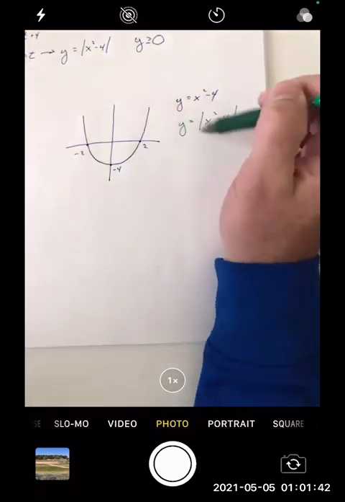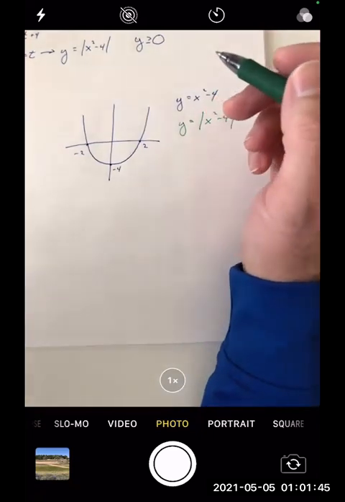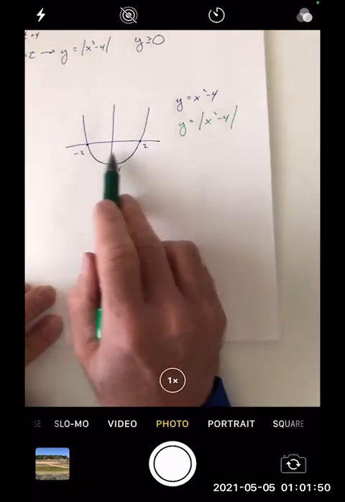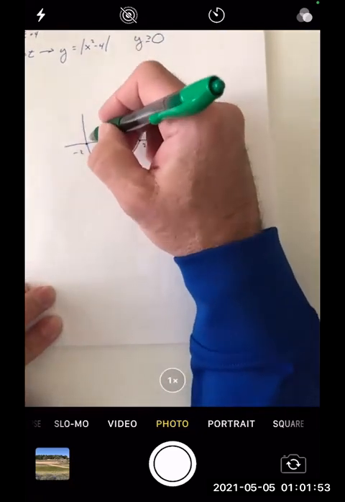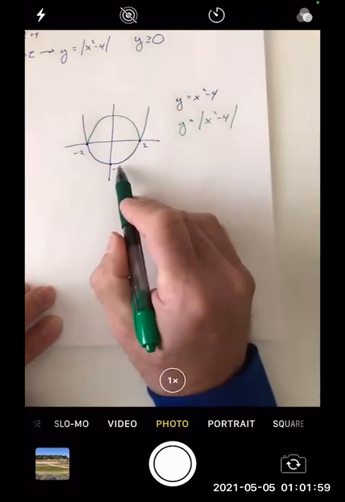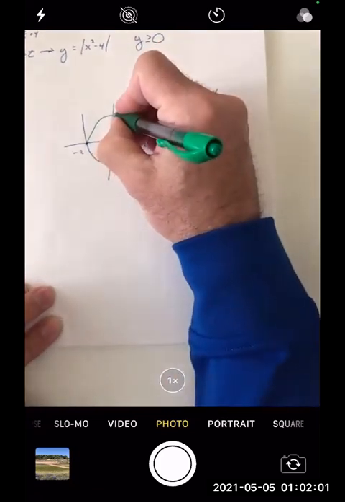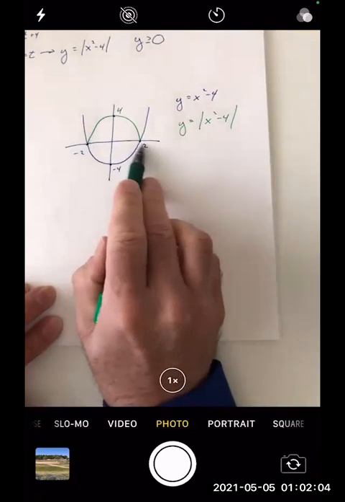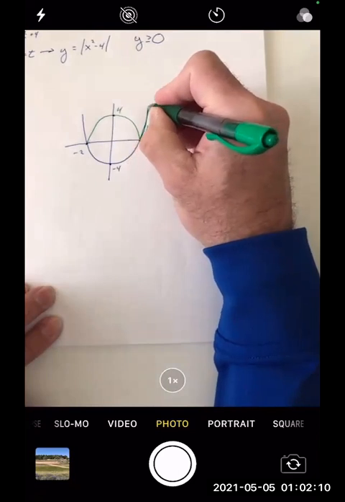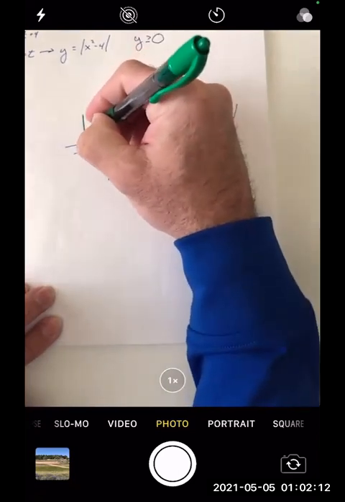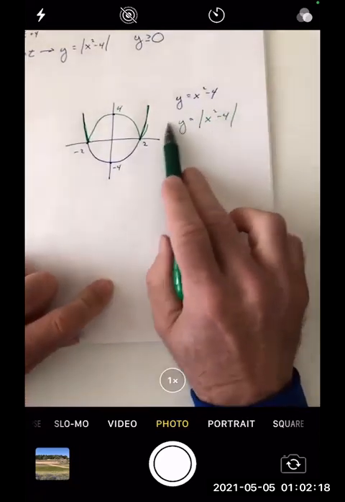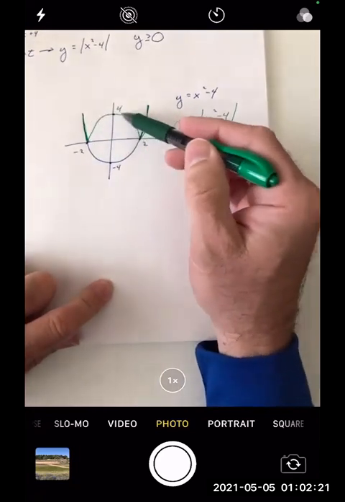It flips them because absolute value makes them positive. So any negative y value, the stuff that's down here, now gets flipped. Instead of having it down here at -4, it's up at +4. Your intercepts are the same, as well as these positive sections here. So if this was all you were graphing, this green one, your graph would look just like this.